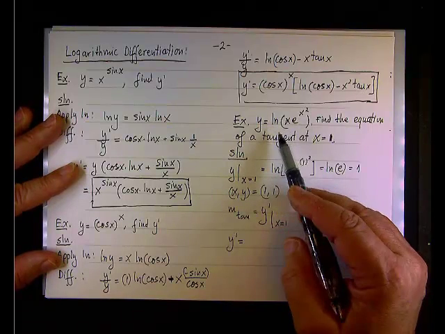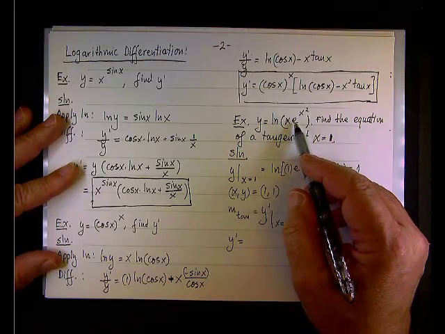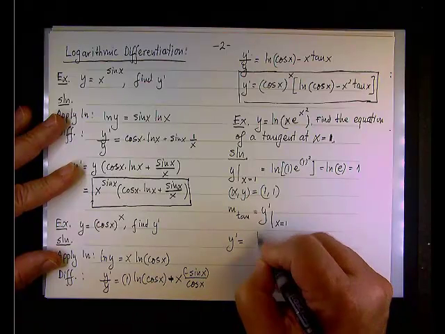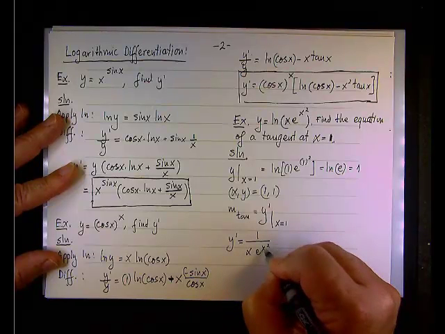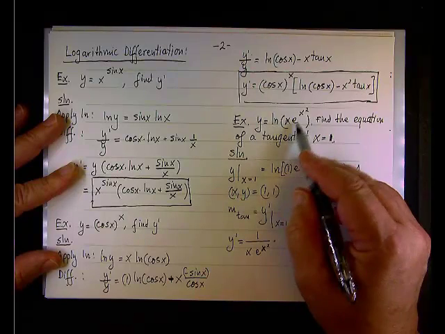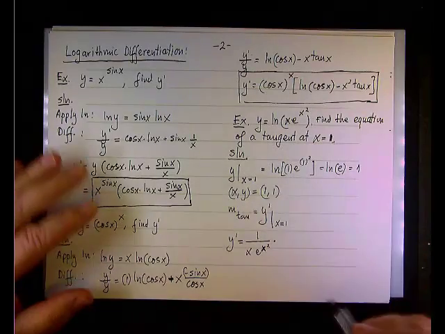Here we don't have to do logarithmic differentiation because we already have a logarithm. Again, the argument is x times e to the x squared. The derivative of the natural log is 1 over the argument. So it would be 1 over x times e to the x squared, and then we multiply by the derivative of x e to the x squared.